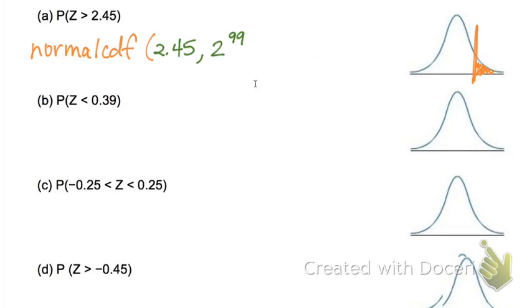There is an infinity button, but it doesn't work on the Inspire on normal CDF. It'll say error. Now, my mean for all of these is always 0, and my standard deviation is always 1. We'll get into examples next class where that's not necessarily the case.